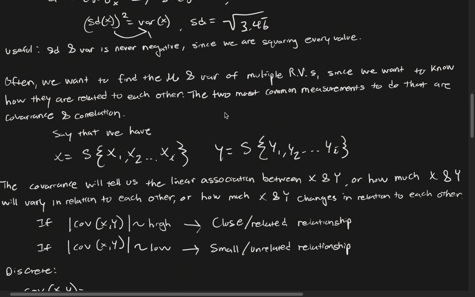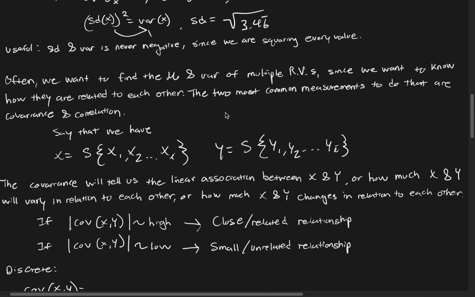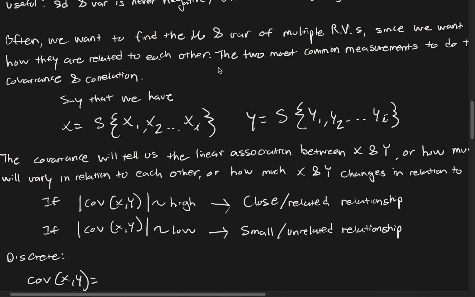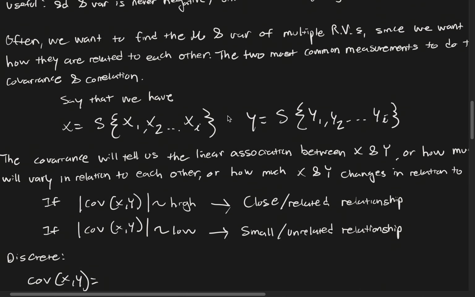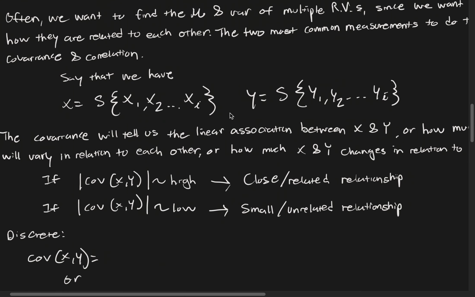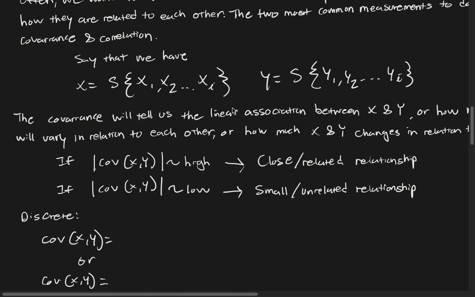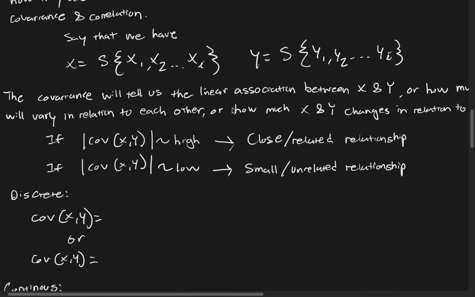And the two most common measurements we utilize for that are the covariance and correlation. So say we have two random variables given by x and y, and we'll assume that they have the same number of values within each set.